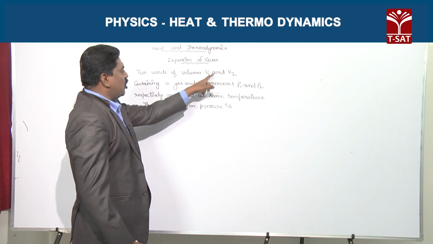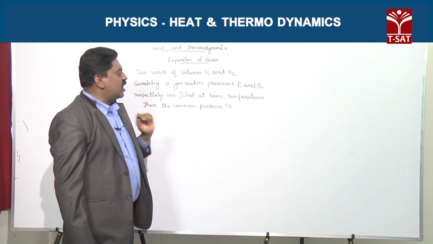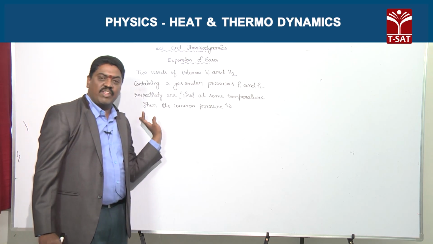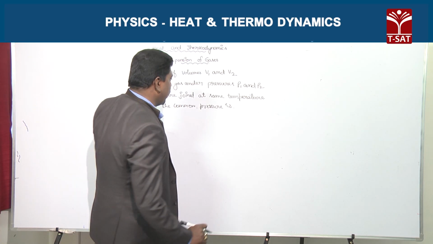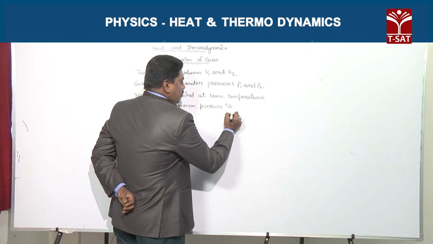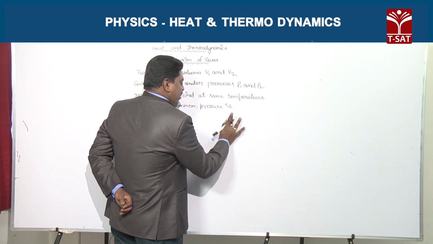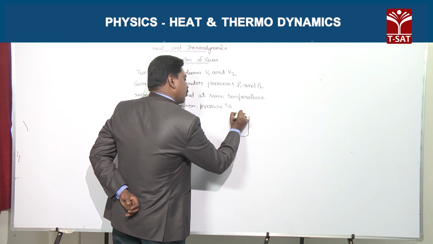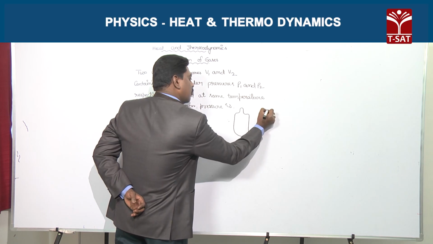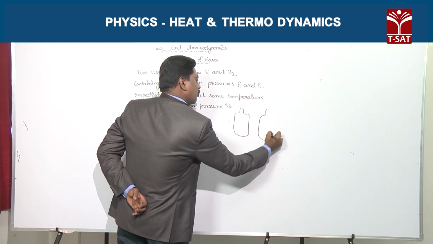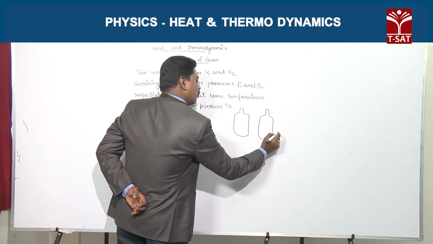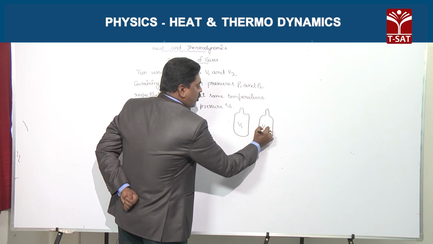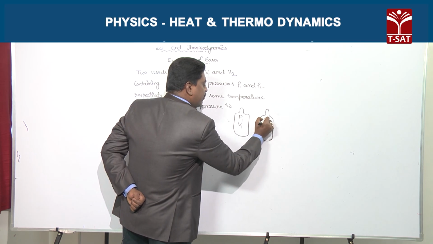Two vessels of volumes V1 and V2 containing a gas under pressures P1 and P2 respectively are joined at same temperatures. Then the common pressure is? Let us imagine there are two containers like this. The volumes of the containers are V1 and V2. The pressures of the containers are P1 and P2.